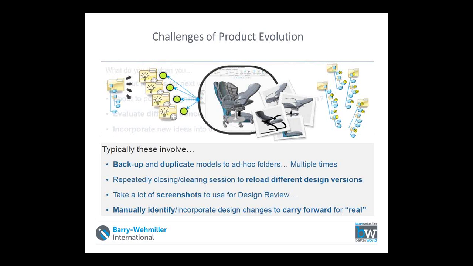And again, depending on the number of variations we want to try, we are more likely to end up with multiple versions of the product. Followed by that, the next step that we do is then to further try those ideas. We repeatedly back up our models to folders, repeatedly close and clean sessions, and manually revisit them, review the massive iterations until we finally reach a decision.